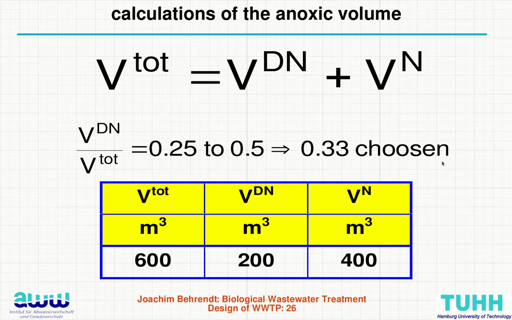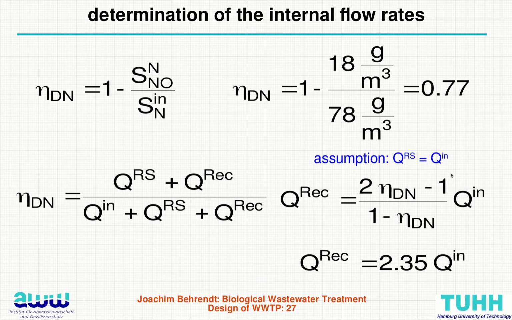Normally you are starting always in this form, maybe with a little bit more precise formulas, but then you are proving if the COD is sufficient to make the denitrification in this volume, and adapting this volume. You will see how this is working in another lecture, but more or less the idea is the same, but you're making a finer adjustment.